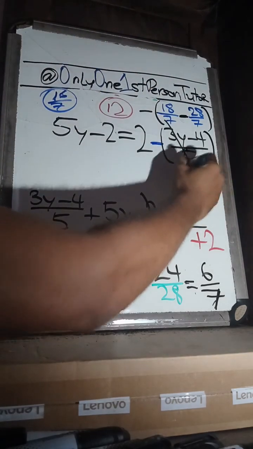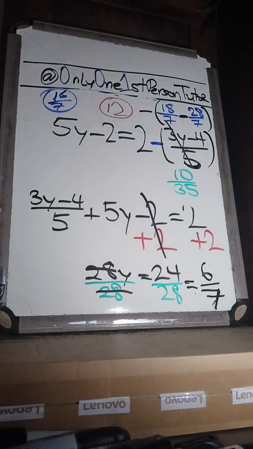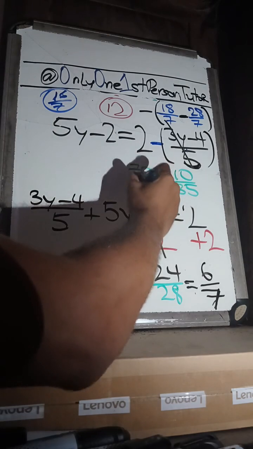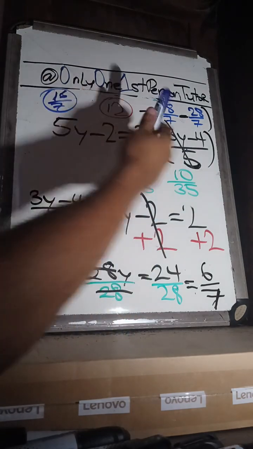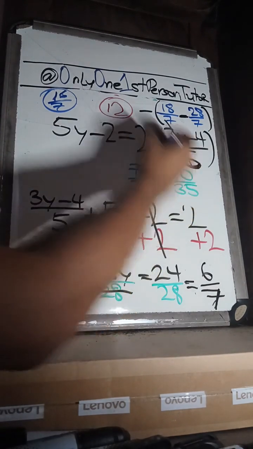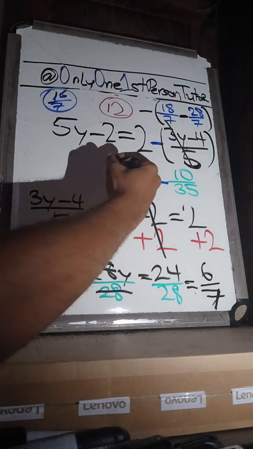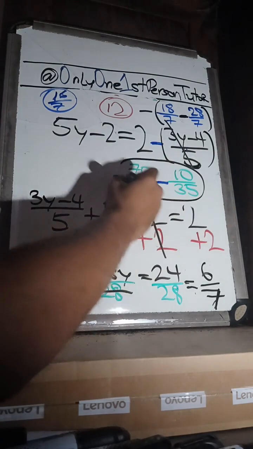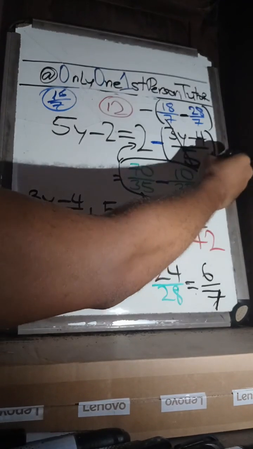We have 10 over 35. 35 over 35 times 2, we'd have 70 over 35. When we do this, right? This is the same as this. This is the same as that.